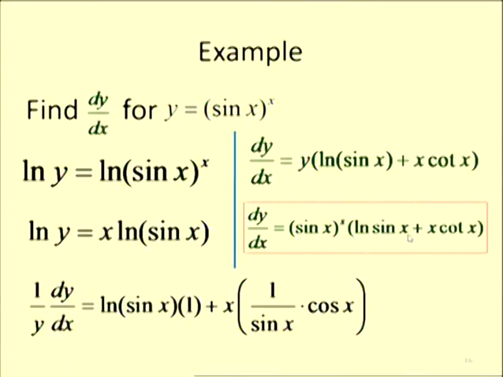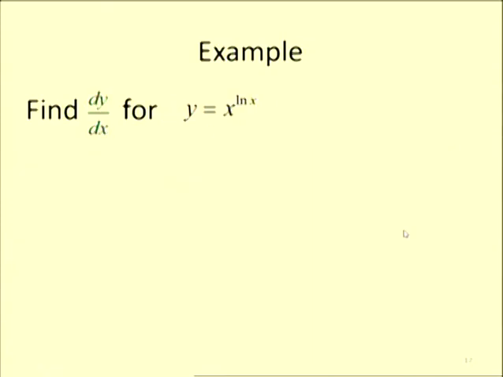So this is the way to get the derivative of a function of the type where the base and power both are functions of x. Let us have one more example. Here y I have taken as x raised to log x.